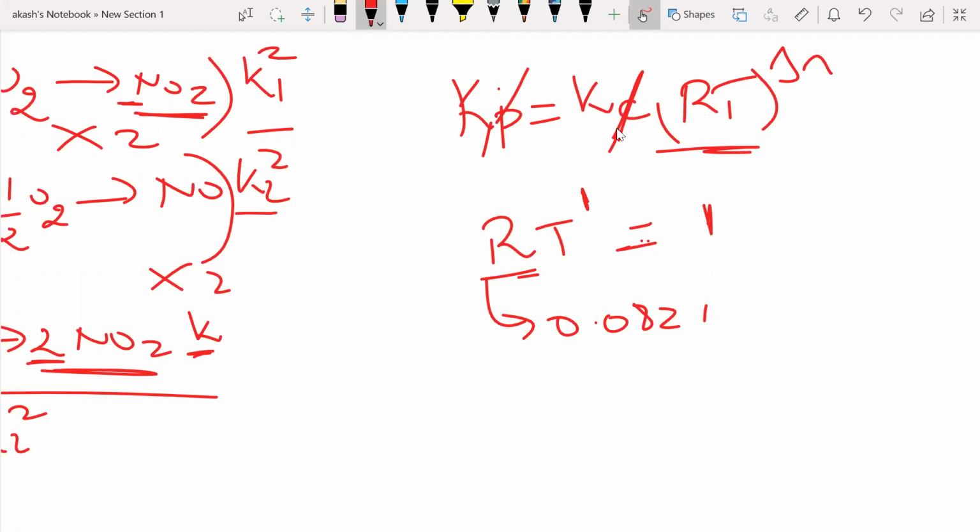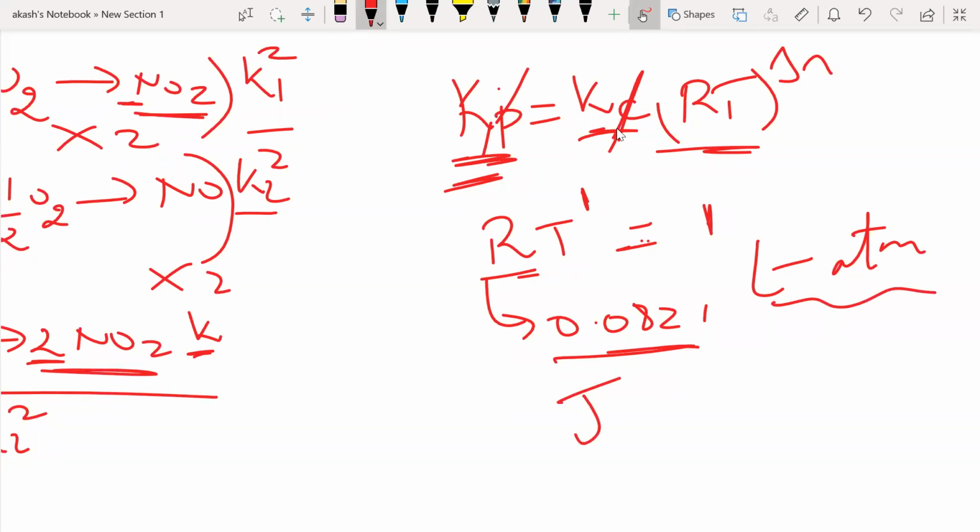Yeah, tell me, you have a doubt. Why is it 0.0821? Like, why do you have to use that? In Kc, I use number of moles and volume, generally volume in terms of liters. And for Kp, I use pressure in terms of atm. So whenever you have liter atm present, you use the R value as 0.0821.